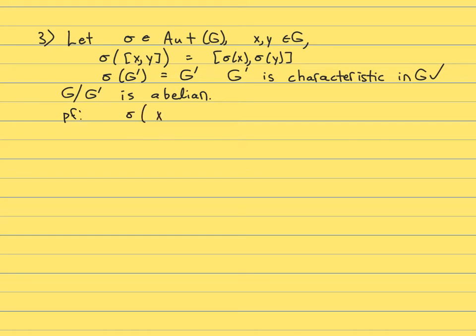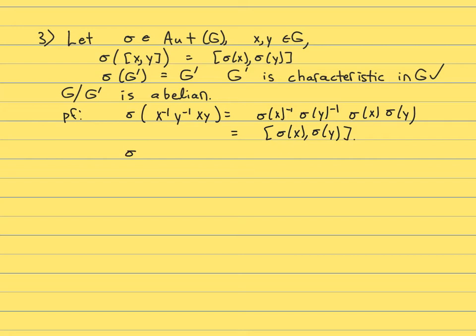So what is the commutator? It's x inverse y inverse x y. That's just sigma x, because you're dealing with a homomorphism, sigma y inverse, sigma x, sigma y. And lo and behold, that's just the commutator of sigma x with sigma y. Because it's a bijection, we see we've mapped a commutator to a commutator.